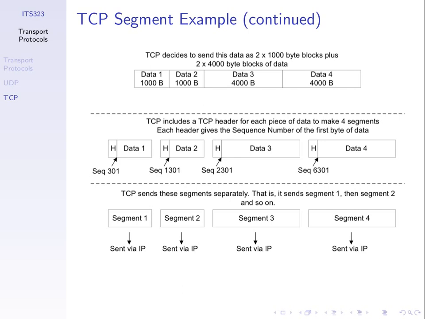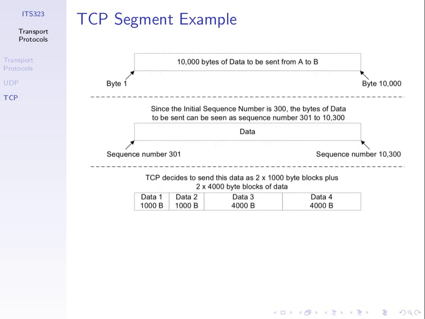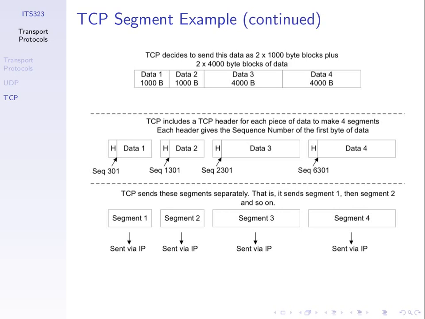In the second segment, which contains bytes from 1,301 up to 2,300, because the first 1,000 bytes are from 301 up to 1,300, then we go 1,301, 1,302 up to 2,300. Then the header of the second segment has sequence number 1301, which is the sequence number of the first byte. And we continue for the other 2 segments.